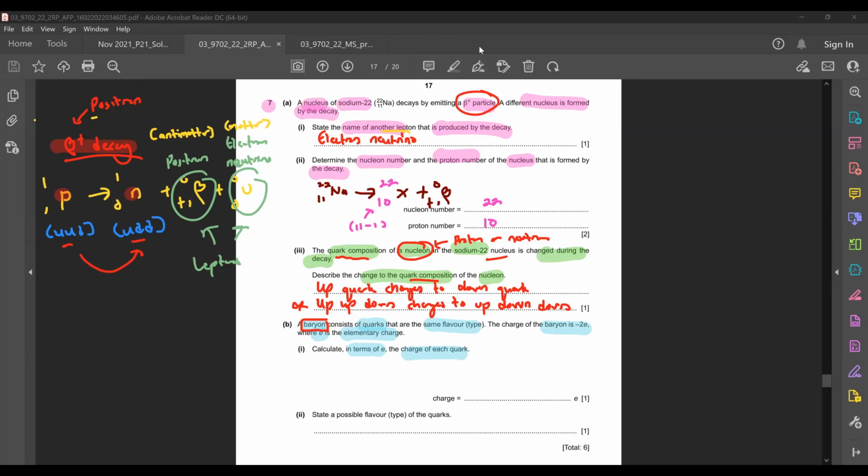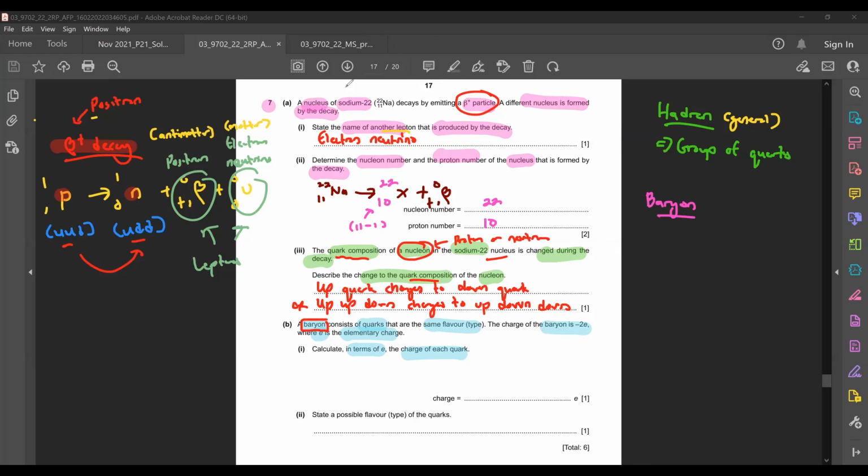The one that was inside my notes was that I mentioned to you guys that hadron is actually groups of quarks. This is in general. There is also something called baryon.